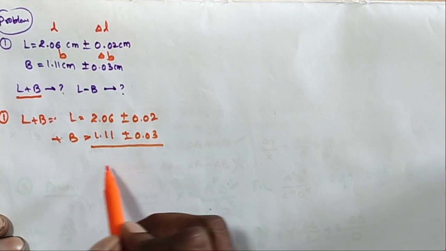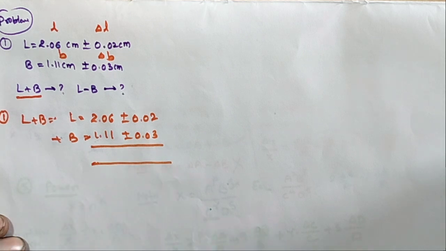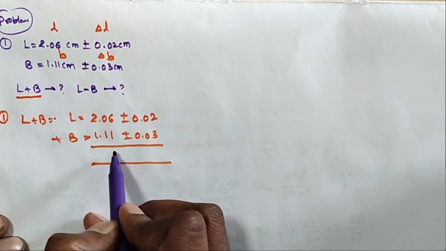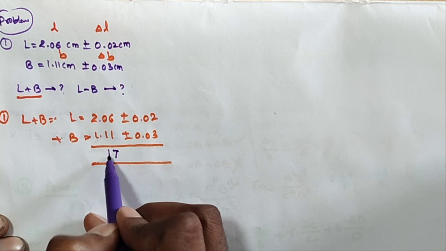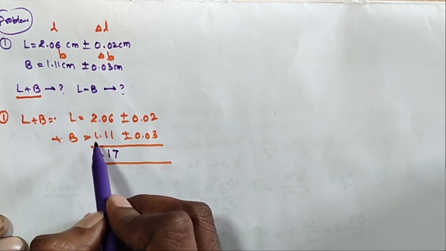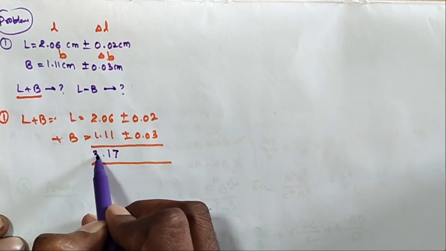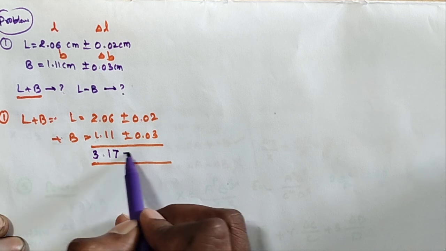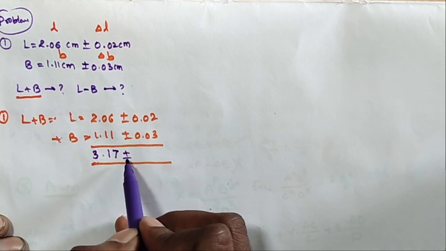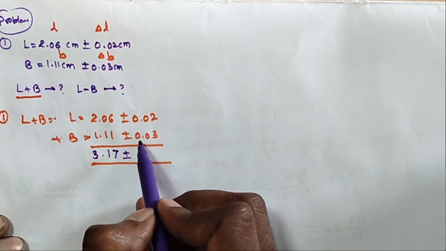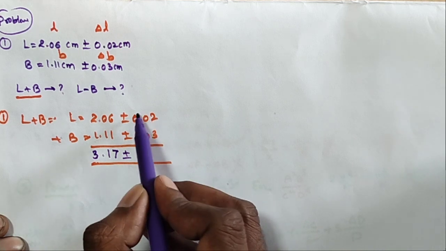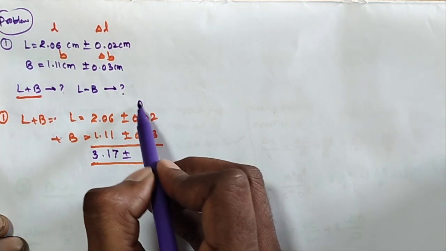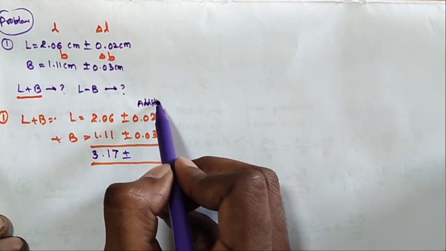It is just a very simple addition process. 6 plus 1 is 7, 0 plus 1 is 1, 2 plus 1 is 3. So 3.17 plus or minus 0.02 plus 0.03, because errors are always additive.